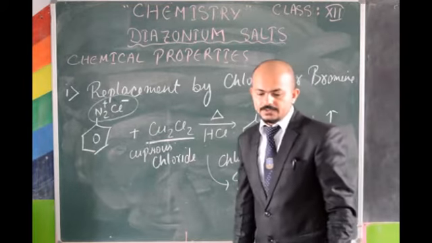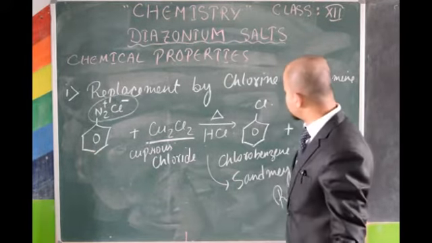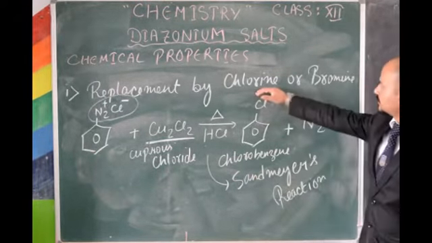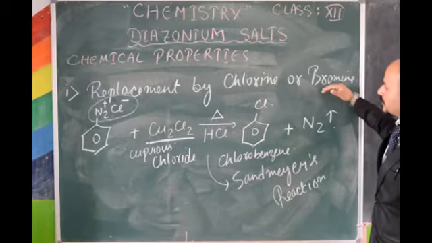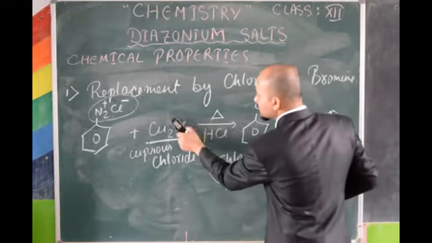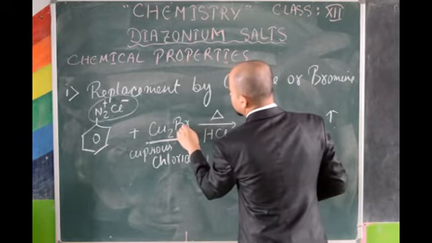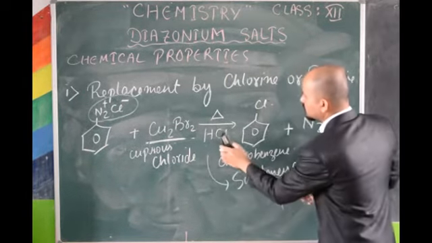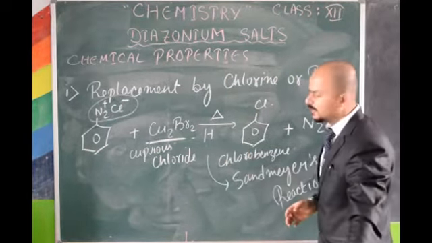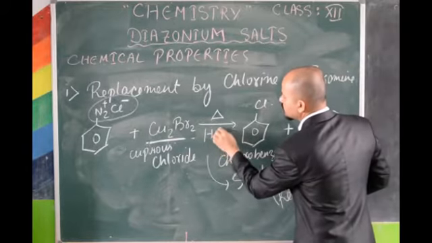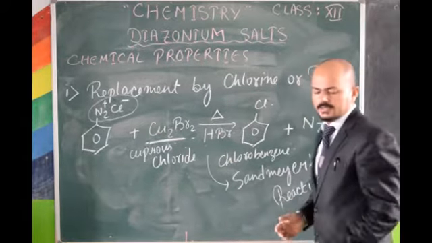And this we have discussed before also. Now if you want to substitute, instead of chlorine, with bromine, then what you have to do? You just have to replace this chlorine with Br, Cu2Br2, and here also, in place of HCl, you have to use HBr.